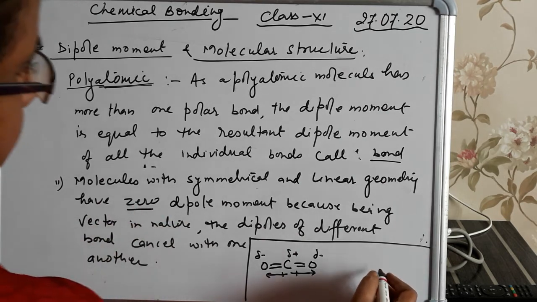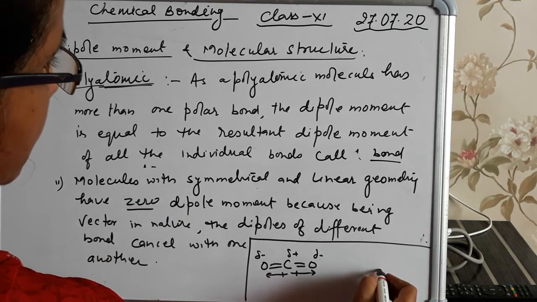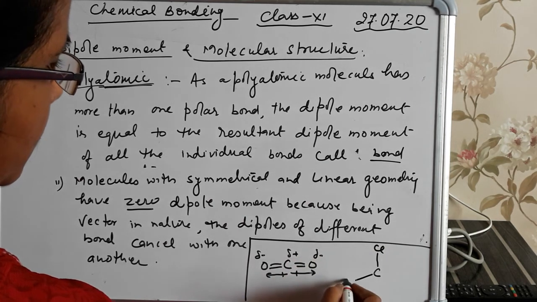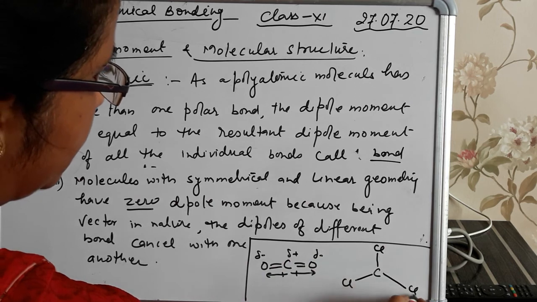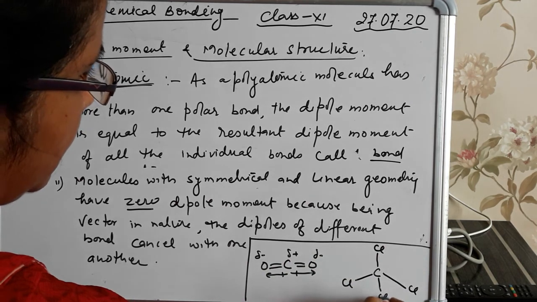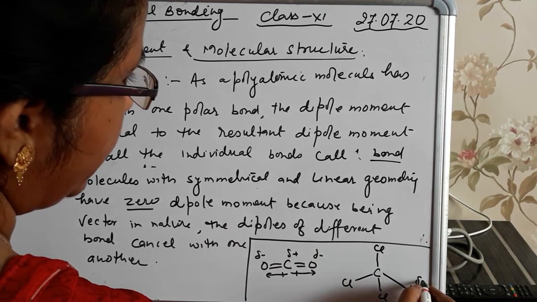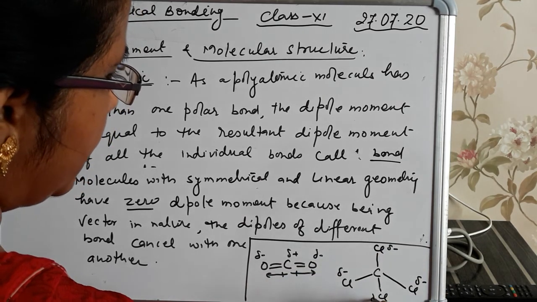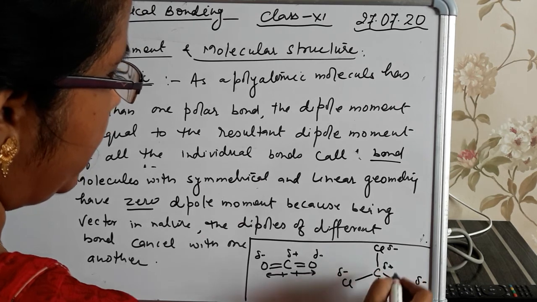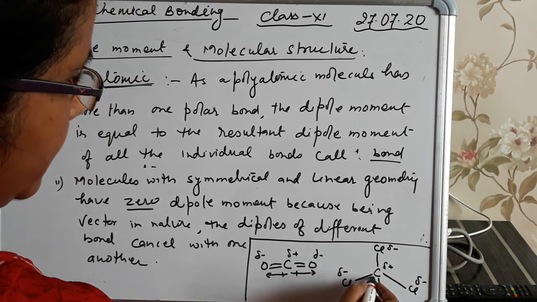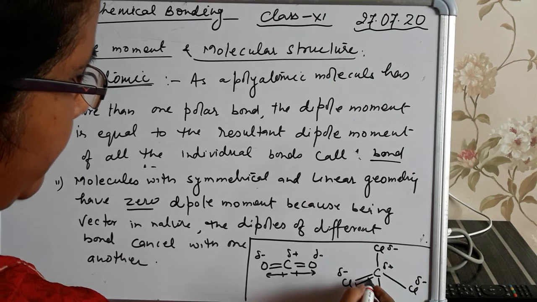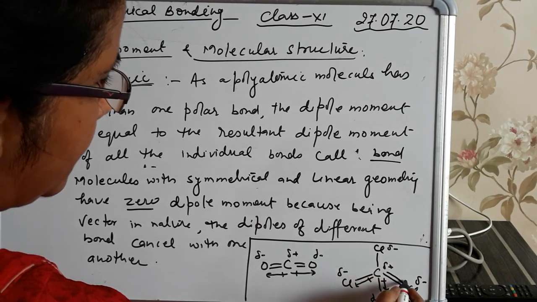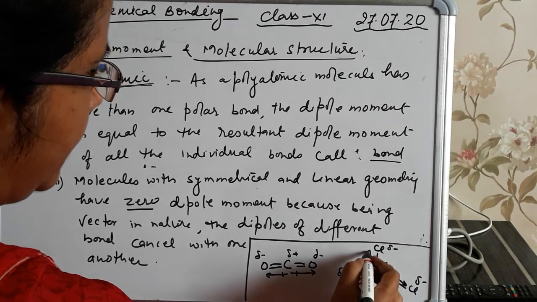In the case of CCl4, chlorine is more electronegative than carbon. It carries a negative charge, and carbon carries a positive charge, with arrows towards the electronegative atom, like this and this.